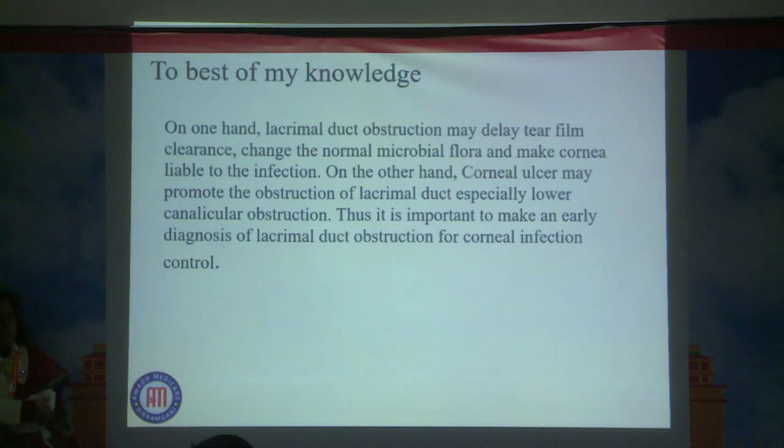To the best of my knowledge, on one hand, lacrimal duct obstruction may delay tear film clearance, change the normal microbial flora, and make the cornea liable to infection. On the other hand, corneal ulcer may promote obstruction of the lacrimal duct, especially lower canalicular obstruction. Thus, it is important to make an early diagnosis of lacrimal duct obstruction for corneal infection control.